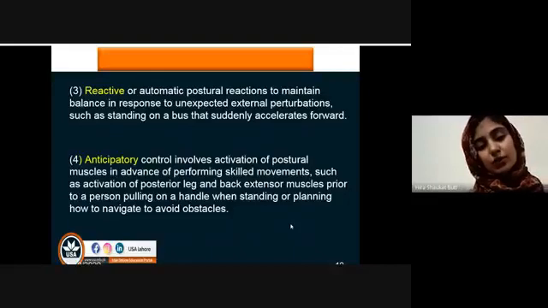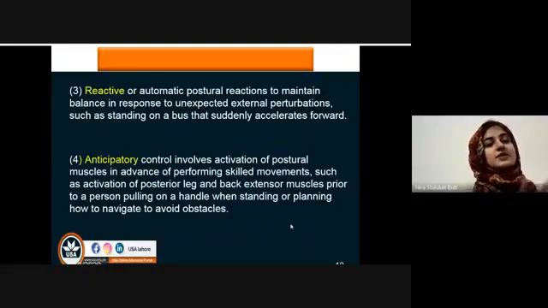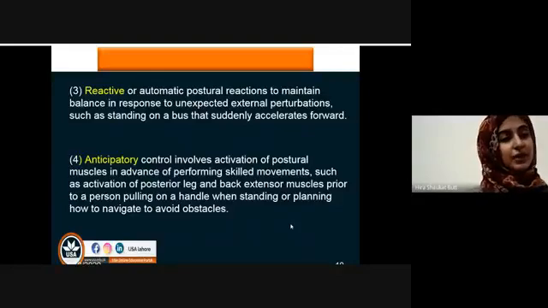And last but not least, here is the anticipatory balance control. That is where we talk about some expected or unexpected things that can be faced when we are accomplishing a task.